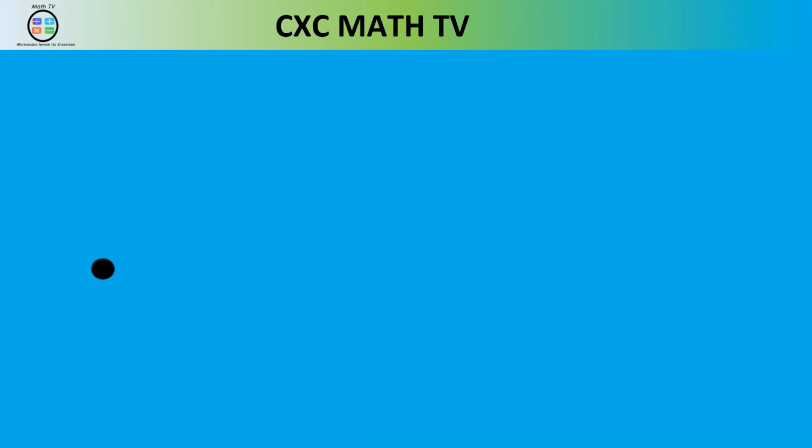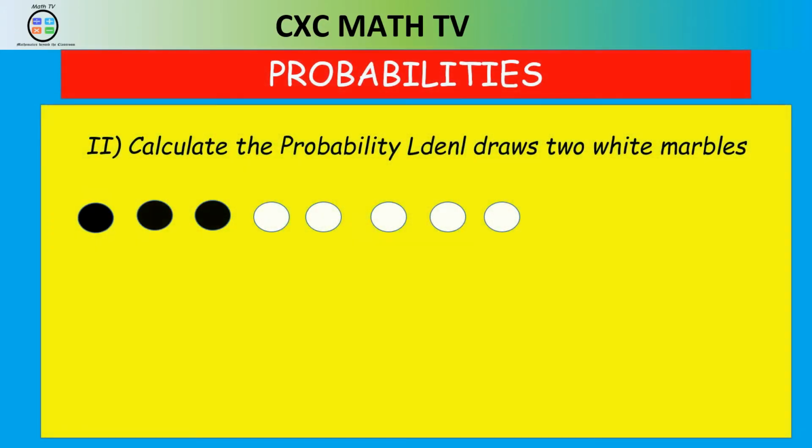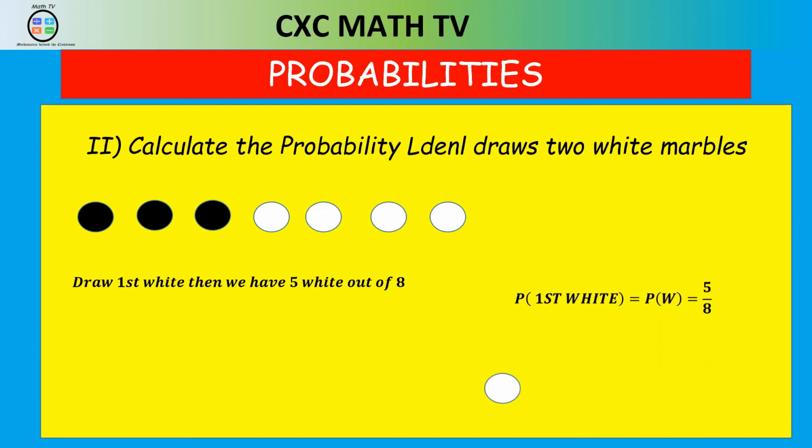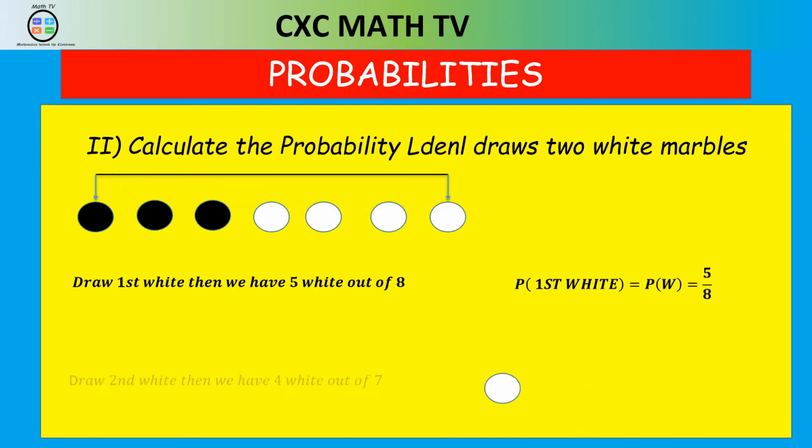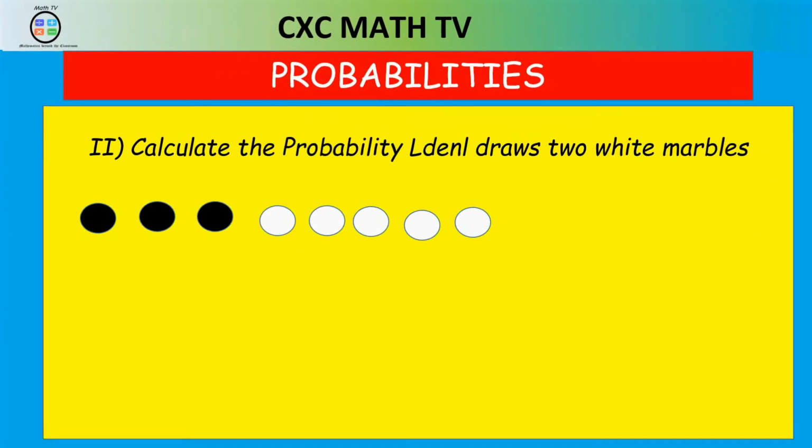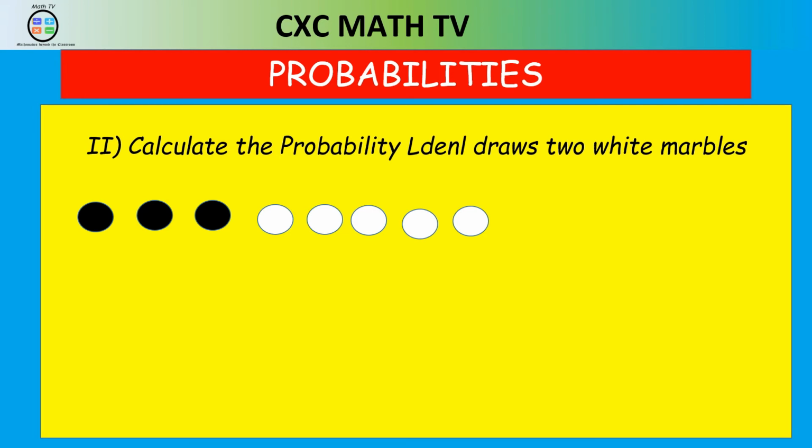If Lendl gets a white on the first marble, that is 5 over 8, times, look at the branches, you go white and then white again on the second draw, that's 4 over 7. So multiply 5 over 8 times 4 over 7, and we get 5 out of 14.